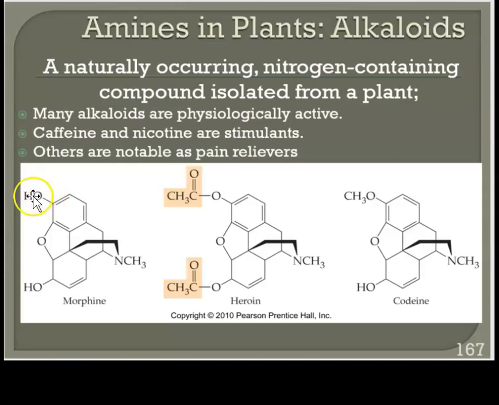Over here we have an alcohol, and now we have an ester, and over here we have an ether and an alcohol down here. So there's not that much of a difference between morphine, heroin, and codeine. And that's why all of these have very similar addictive properties, as you may expect.